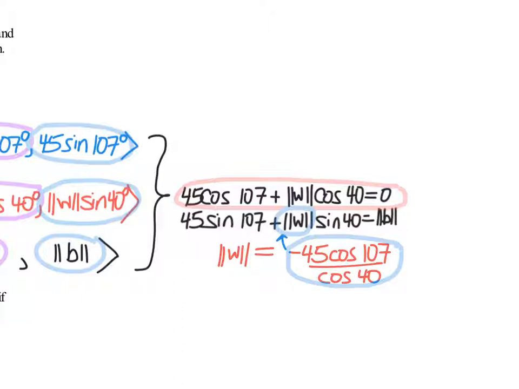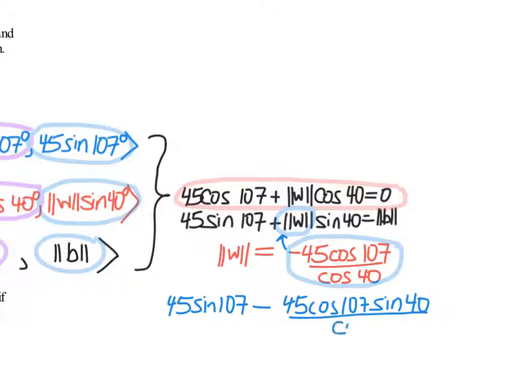All right, so then we'd have 45 sine 107 really minus 45 cosine 107 sine of 40 over cosine of 40.